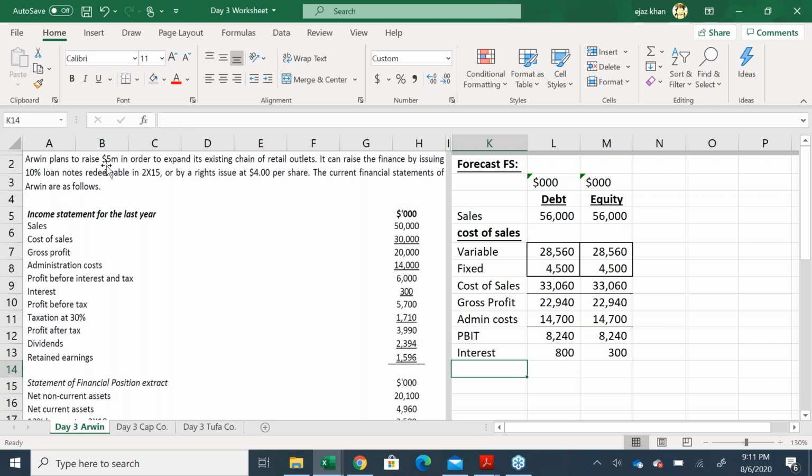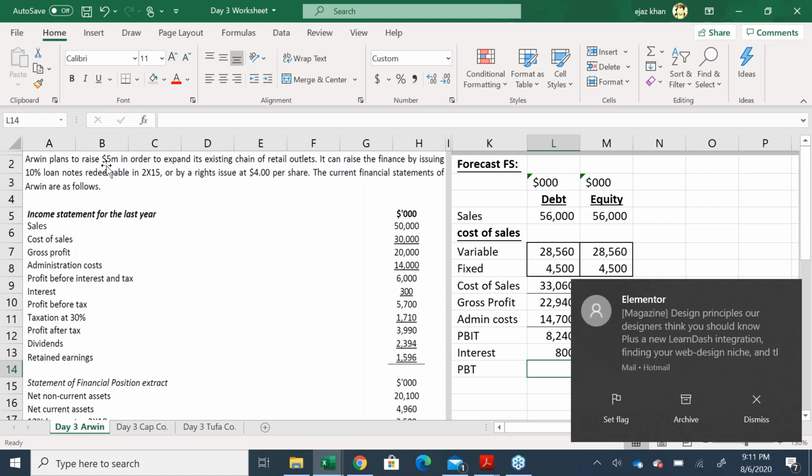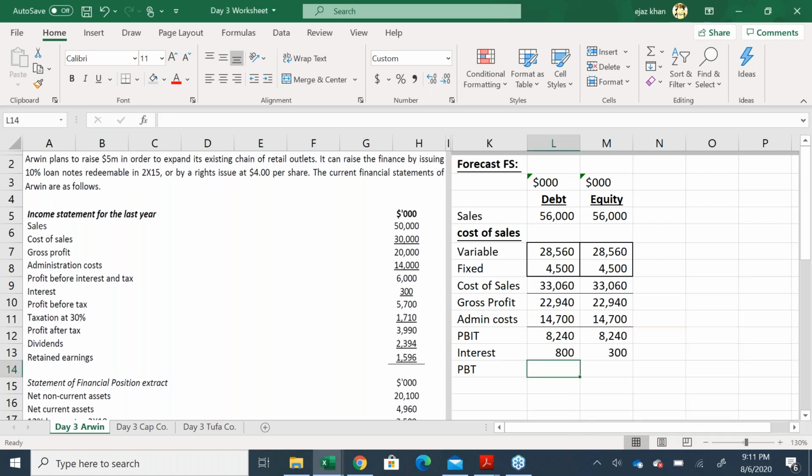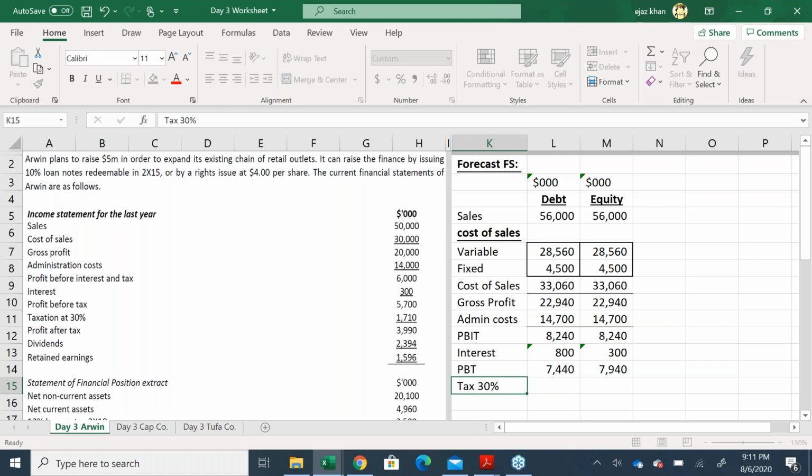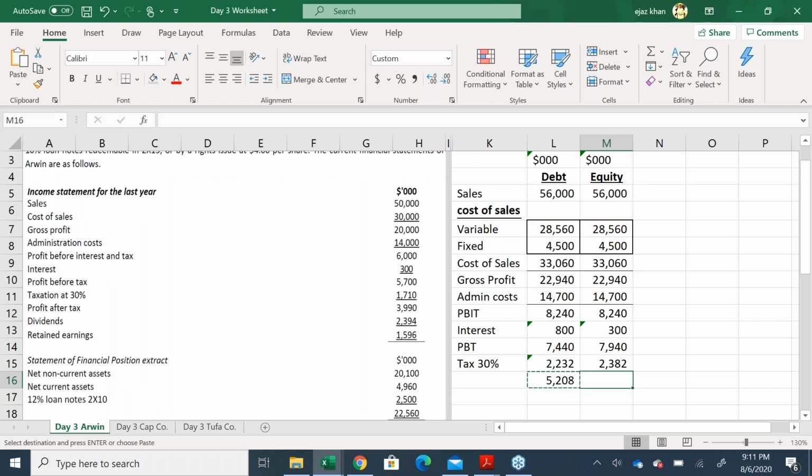Okay, so that's the interest. Now we will just use PBT, the profit before tax. Profit before tax. And then comes the tax figure. The tax is 30%. So that's your profit after tax.